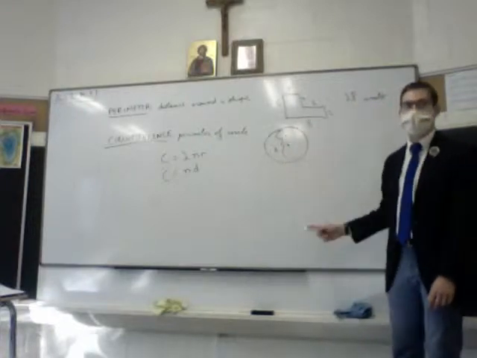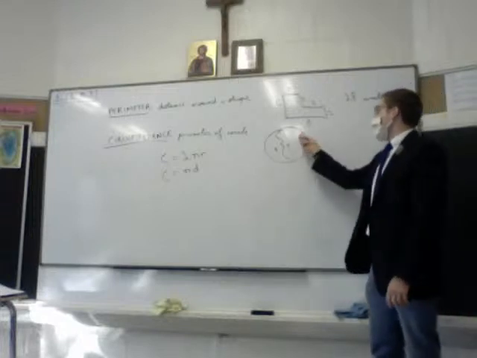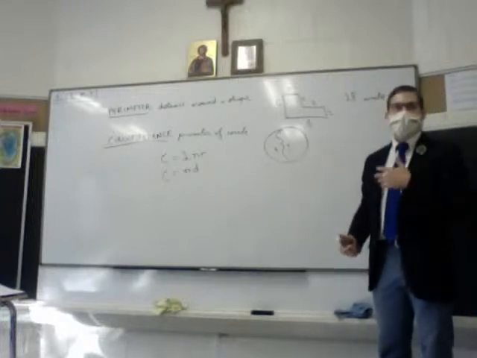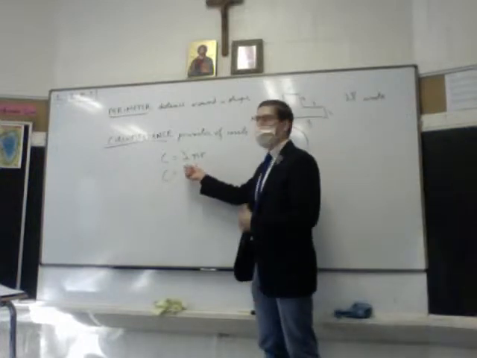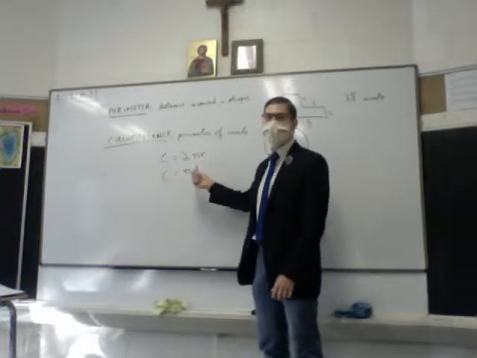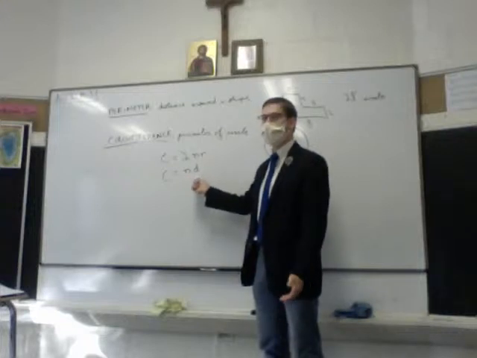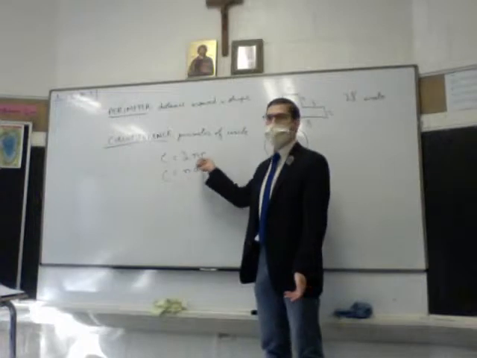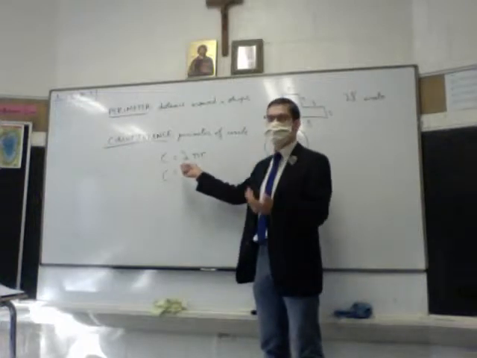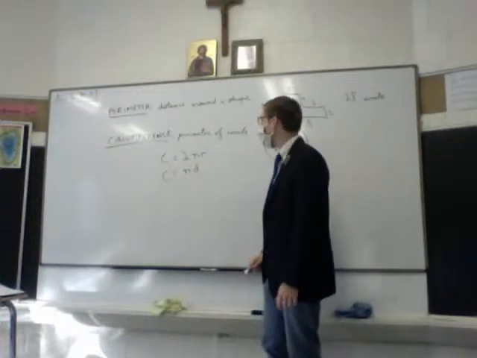So saying 2 times pi times the radius and saying pi times the diameter are the same, because either we take the diameter times pi, or the radius times 2, which is the diameter, times pi.